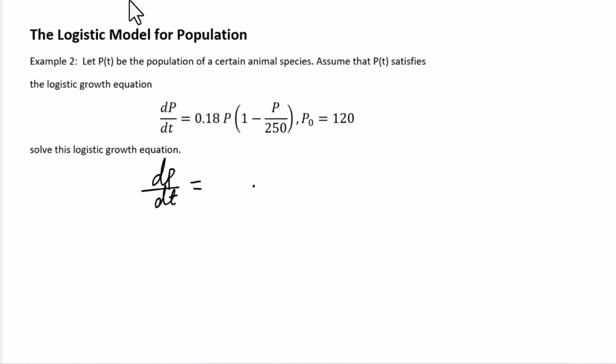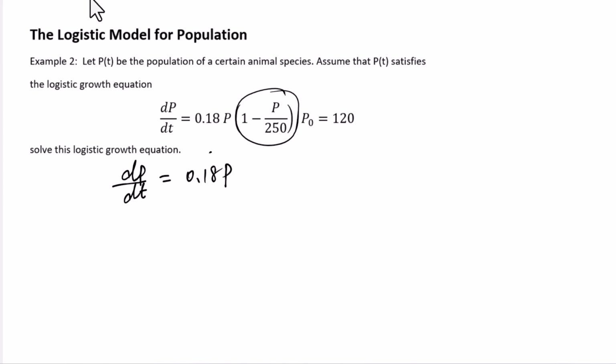First of all, we need to work out this fraction: dP/dt equals 0.18P times the denominator, 250 minus P. Then this is a separable differential equation.